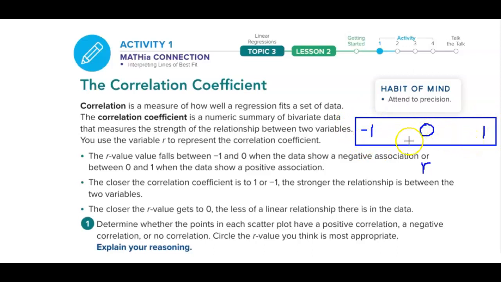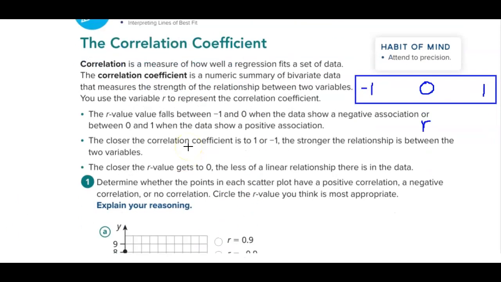If the value is in here closer to 0, that means that there's a weak association between the variables. So if it's on this side of 0, it's very weak in the negative direction. If it's on this side of 0, it's very weak in the positive direction. But if it's at 0, there's no association between the variables.